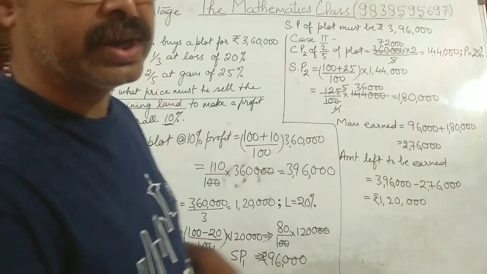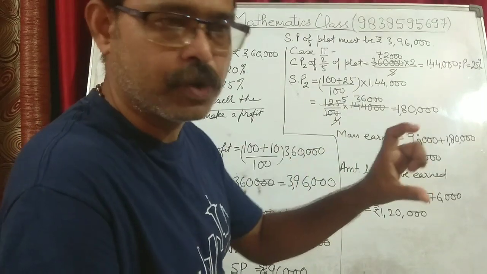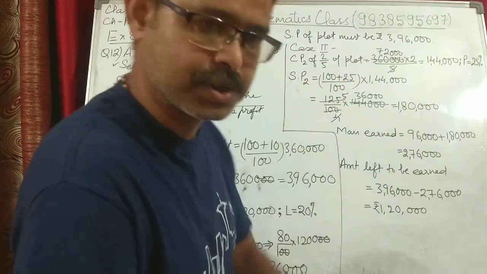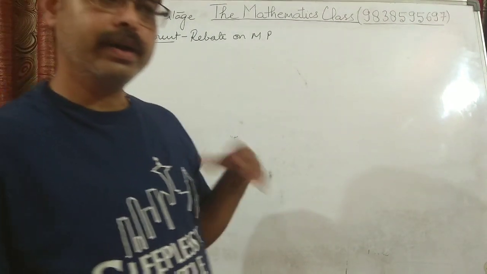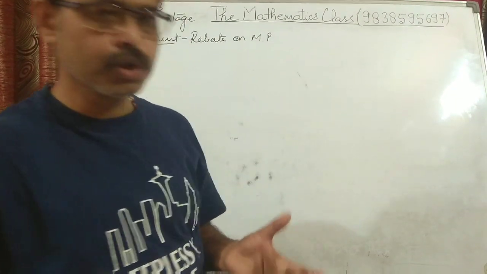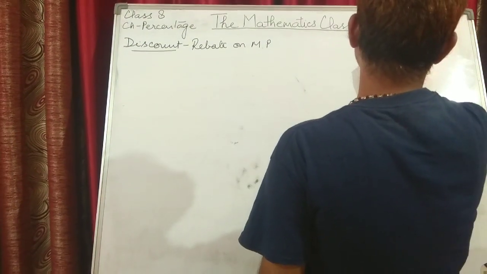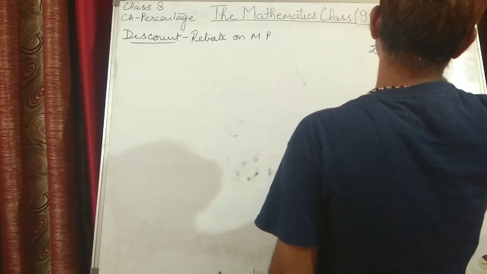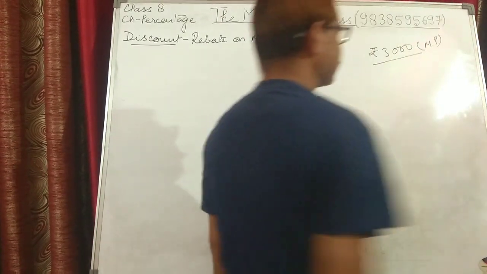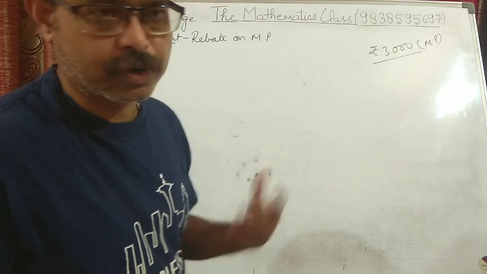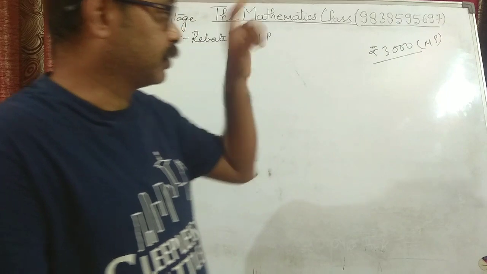Now we move on to the next topic, that is discount. I'll give you a simple formula and then we'll move on to the questions. What is a discount? Suppose you go to a mall to buy a jeans and the mark price on that is 3,000.